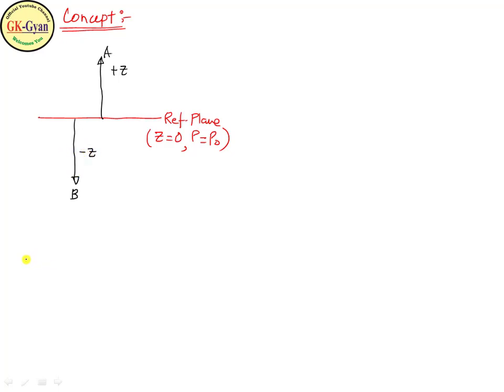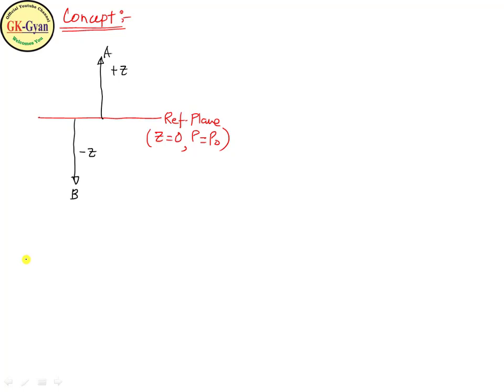So one thing is sure: if we move upward from the reference plane, the pressure is going to decrease, and if one moves downward from the reference plane, the pressure is going to increase. Okay, we have seen this in the earlier part.